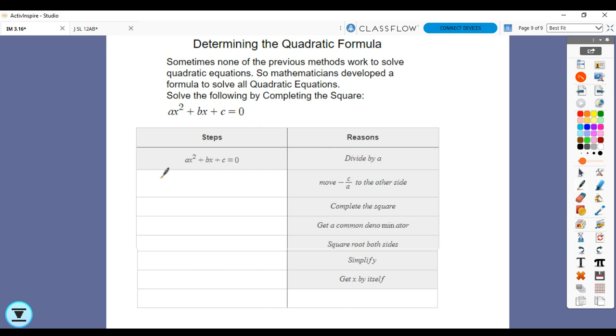We're going to divide everything by a. So our first step is, if I divide by a, then we just have x squared because the a's cancel, plus b over a x. And we have a lot of fractions. You're going to have to suck up the fractions here, equals 0.